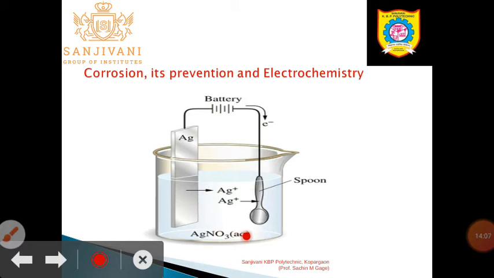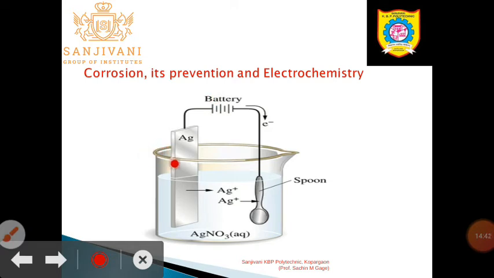Especially for silver plating, the best suitable electrolyte is potassium argentocyanide and not silver nitrate. They are dipped in its own salt solution, and as we studied earlier, the article is made the cathode, connected to the negative terminal of the battery, and here the silver plate is connected to the positive terminal of the battery.